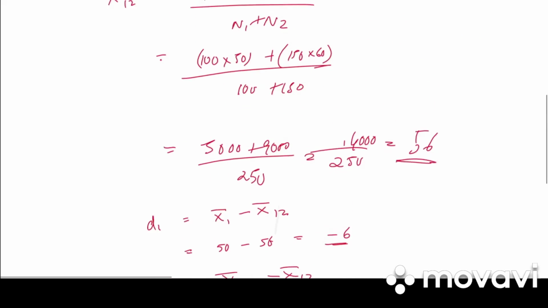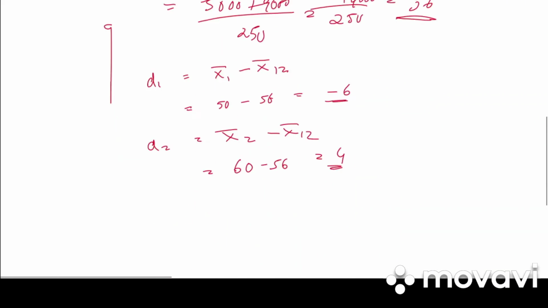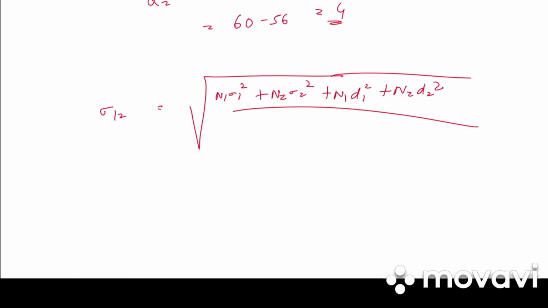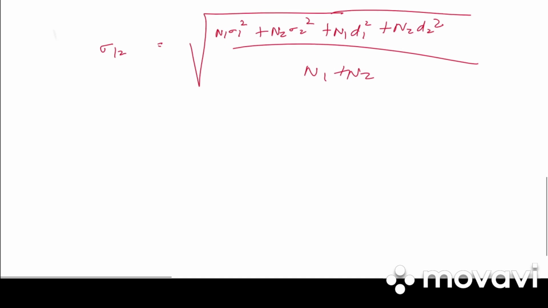Now what is the formula to find combined standard deviation? It is sigma 1 2 equal to square root of n1 sigma 1 square plus n2 sigma 2 square plus n1 d1 square plus n2 d2 square divided by n1 plus n2.